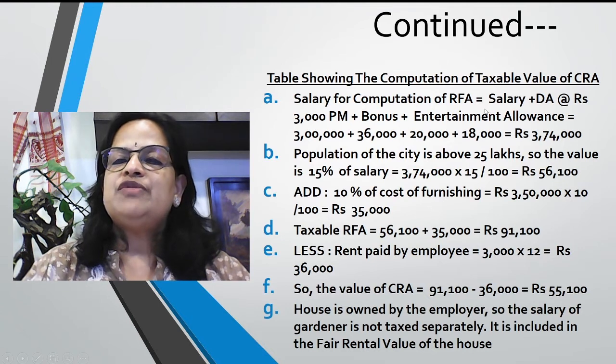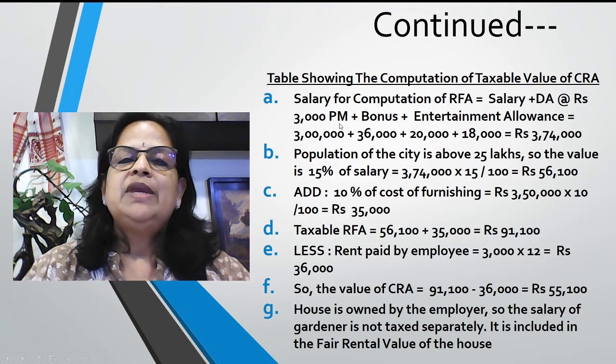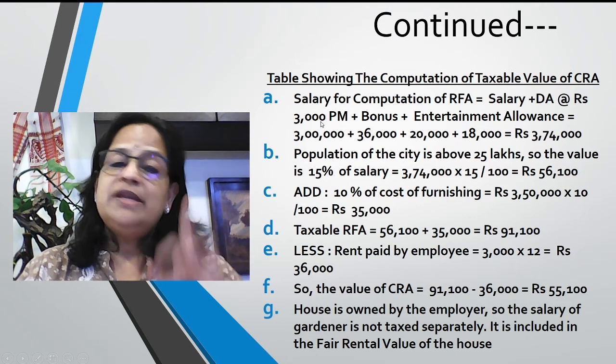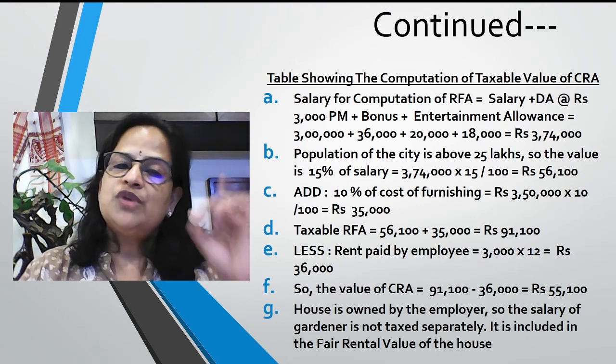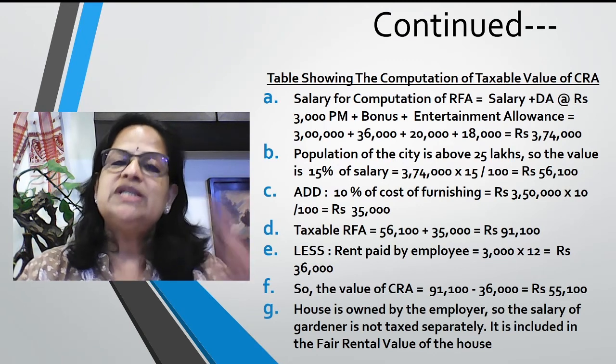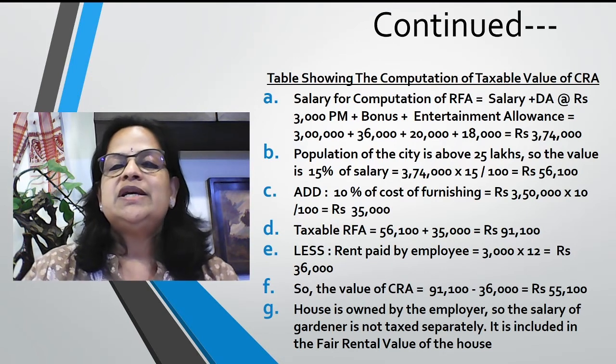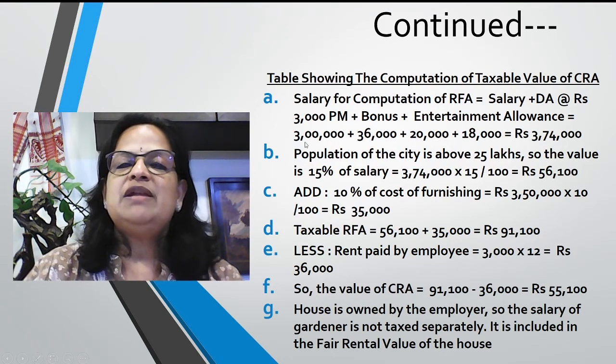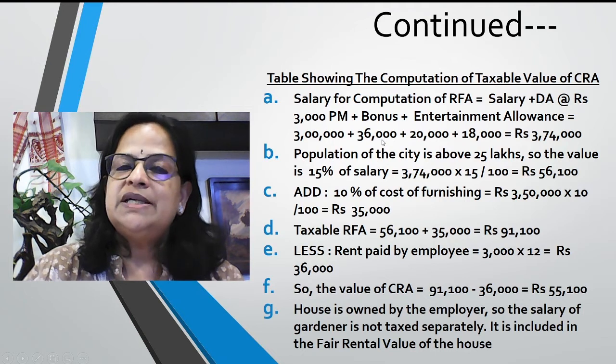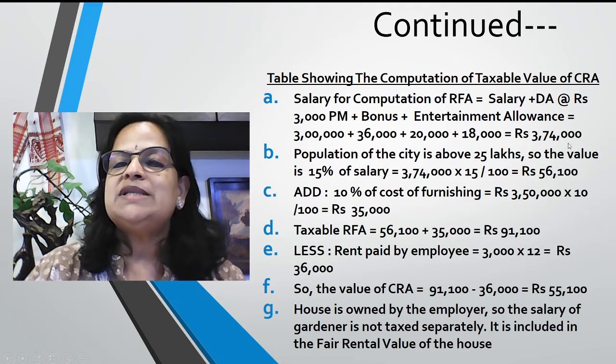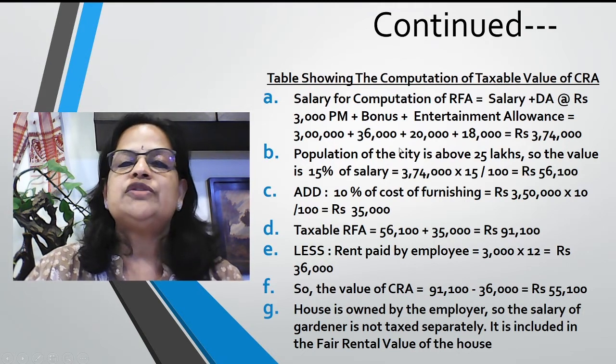Now, computation of concessional rental accommodation. Salary for computation of RFA is salary plus DA. DA we are taking only 3,000. The actual value is 5,000, but for computation of salary, 3,000 is entering into retirement benefits. Plus bonus plus entertainment allowance. So 3 lakhs plus 36,000 plus 20,000 plus 18,000, that is 3 lakhs 74,000.